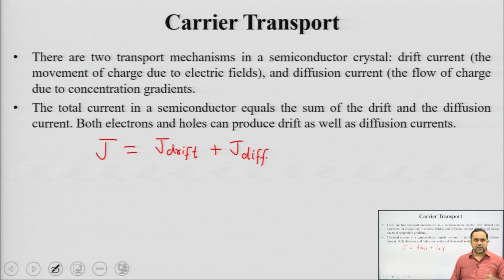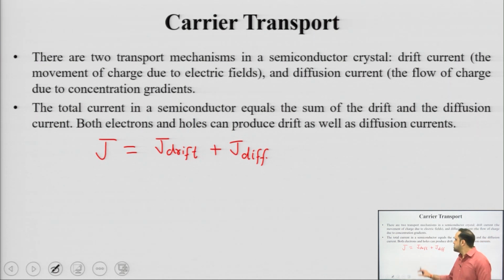The total current, as I have said, is the sum of drift and diffusion current, and since you have two types of charge carriers, many semiconductor devices are bipolar in nature. When I say bipolar, I mean those devices which have conductivity because of two types of charge carriers, both electrons as well as holes.